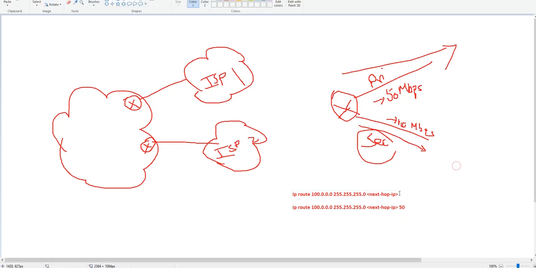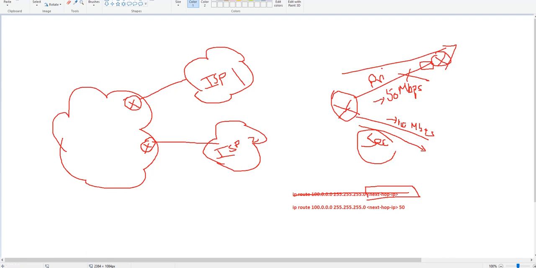Whenever there is a problem, let's say a link failure, or the router connected here becomes faulty, or this port is not available, and packets cannot move over this link, then this configuration becomes invalid and cannot be used, because your next hop IP is not reachable.